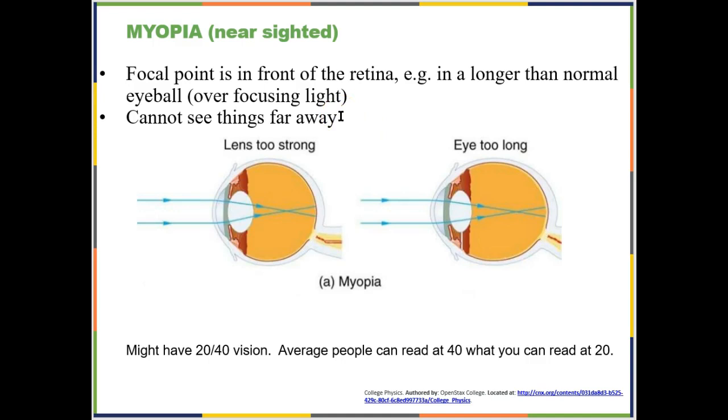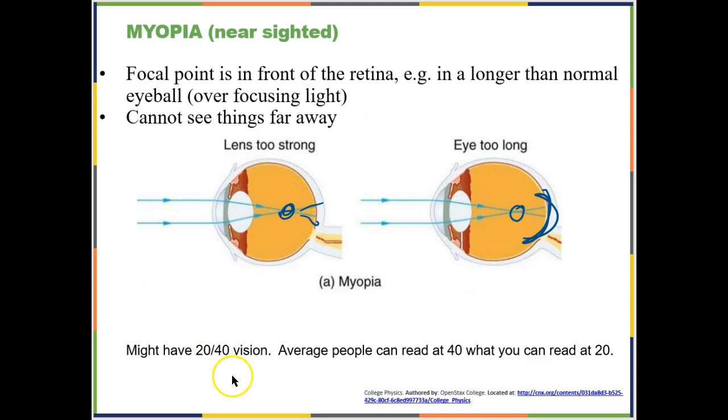What's happening here is that you're actually over-focusing the light, and it's either because your lens is too thick or your eye is too long, but either way, the light rays are converging before they hit your retina. So it's divergent light rays again that are hitting your retina now. So that is myopic. You can see close up and not far away.